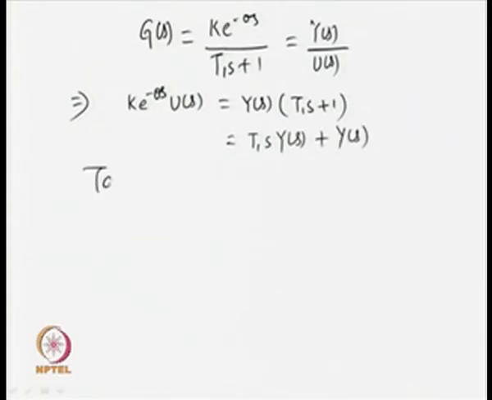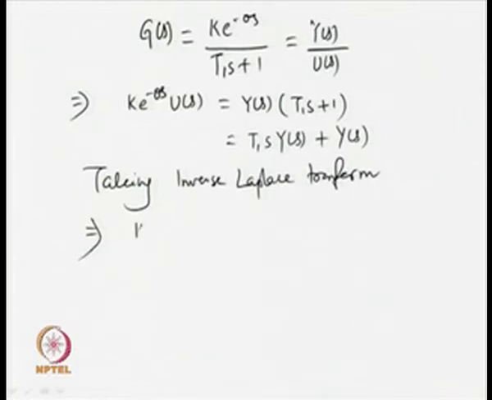Now, again taking the inverse Laplace transform, I can get the expression k u(t minus theta) is equal to T1 y dot(t) plus y(t).